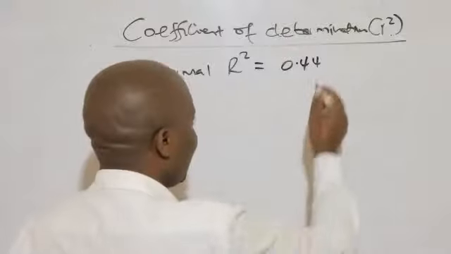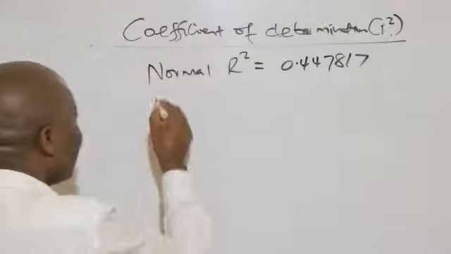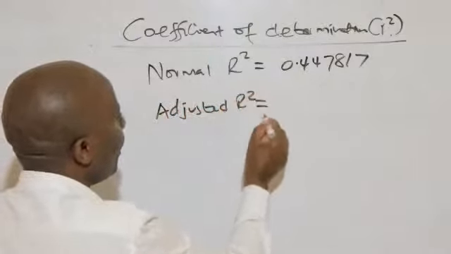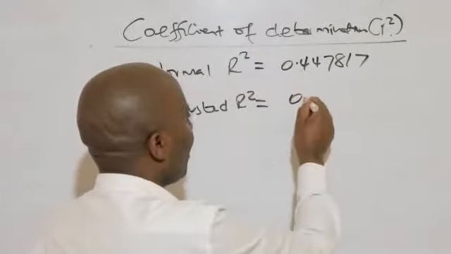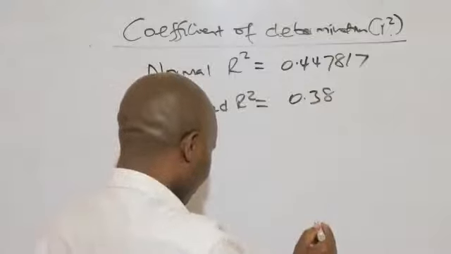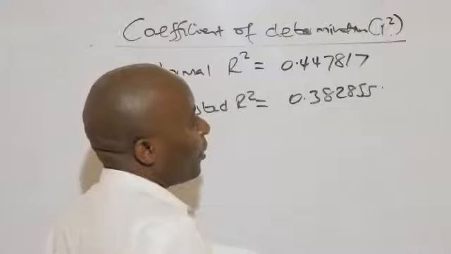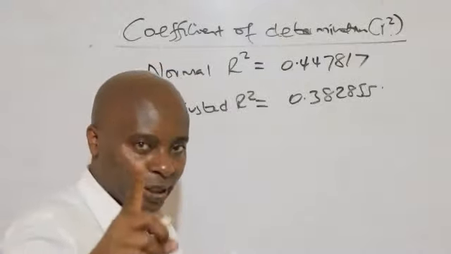0.4478, 17. That is the normal. And then we have our adjusted R squared, which is 0.3828, 25. So between the two, ladies and gentlemen, of course I will only use one.